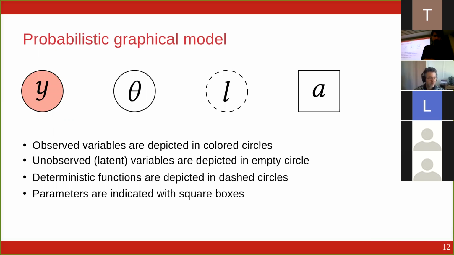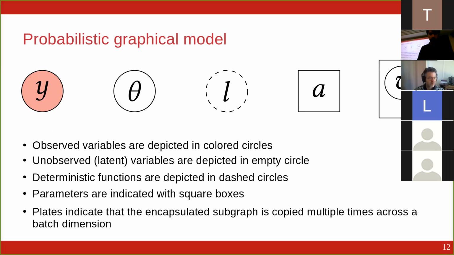You can indicate parameters using squares. And you can indicate that you replicate an experiment multiple times using a plate, which implies that the graph is duplicated across the batch dimension B, and that each realization is independent.